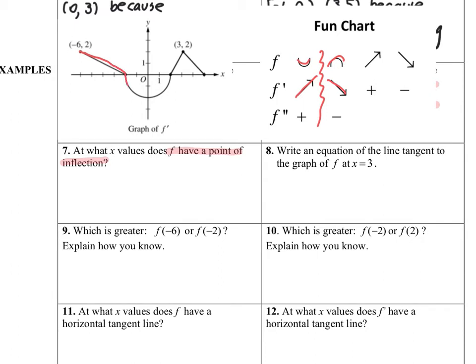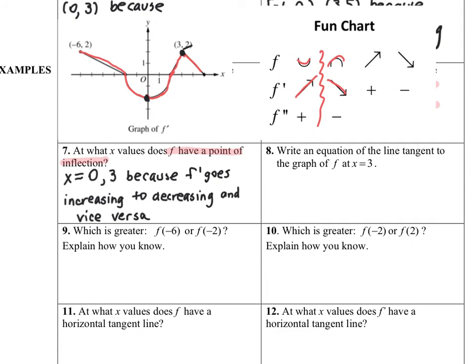I'm decreasing all in here. I switch to an increase at this point right here. I go increase, increase, increase, increase, and I switch back to a decrease at the 3. At x equals 0, I switch from decrease to increase, and at x equals 3, I switch from increase to decrease, so those are my 2 points of inflection.